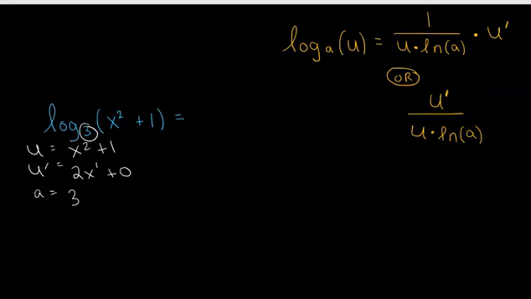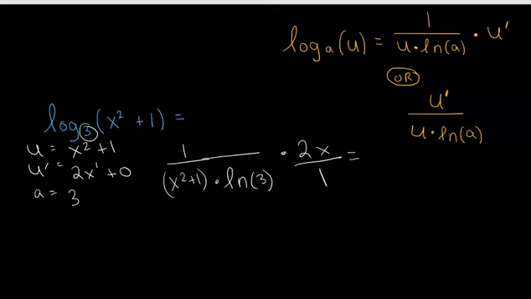And let's see. Let's try to set everything up together. So in the top, I have a 1. And then at the bottom, I have u, which is x squared plus 1. We're going to put that in parentheses, times ln 3, right? Times the derivative, which is 2x.